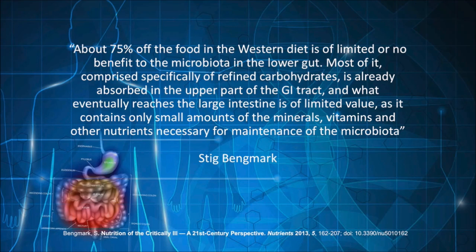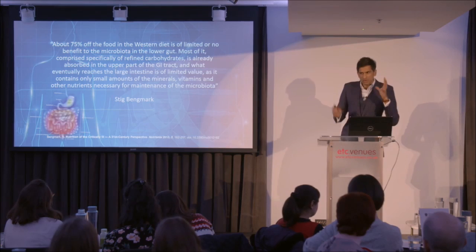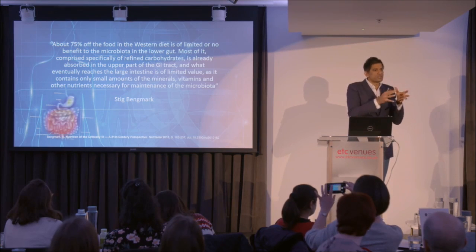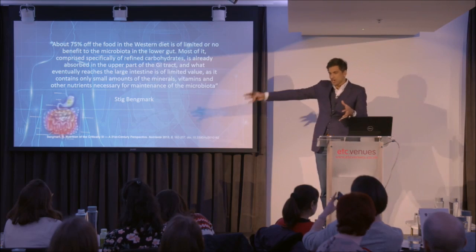Now, this is from 2013, and I love this. About 75% of the food in the Western diet is of limited or no benefit to the microbiota in the lower gut. Remember, the microbiota just means the names of those gut bugs; the microbiome is the bugs plus their genome.